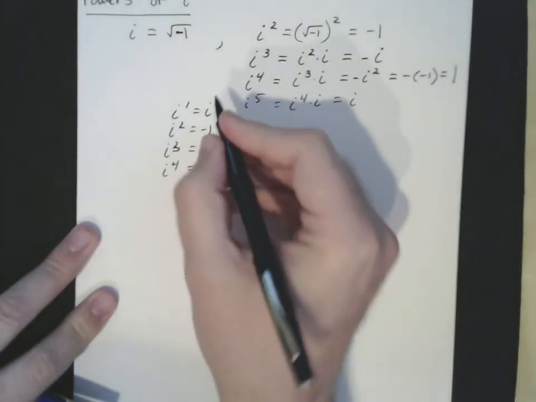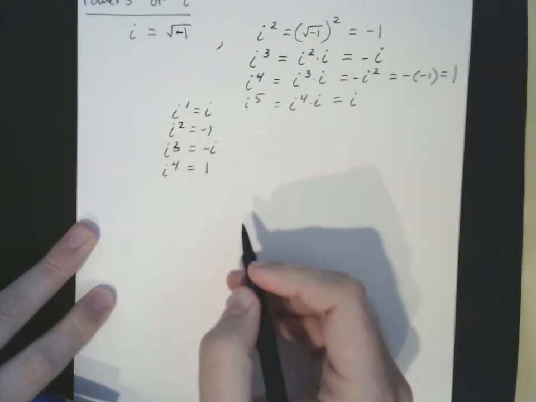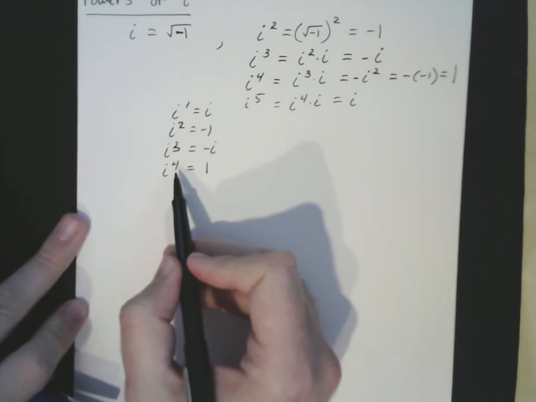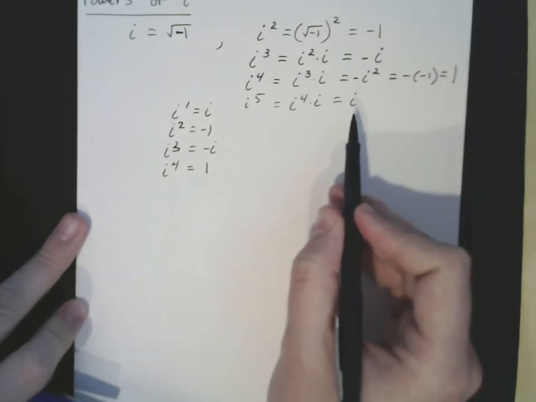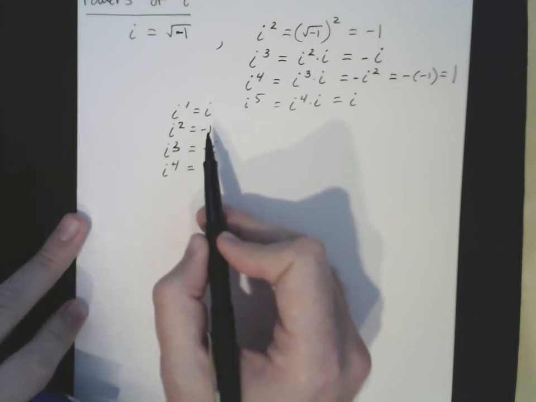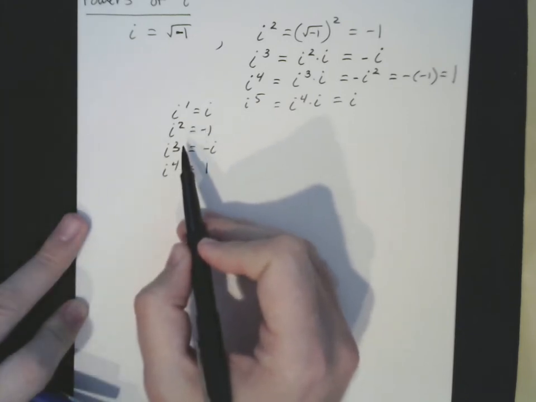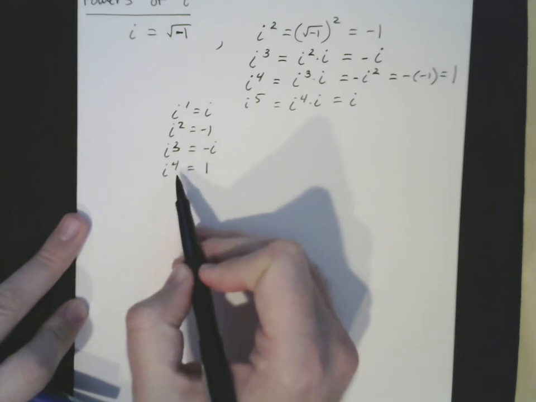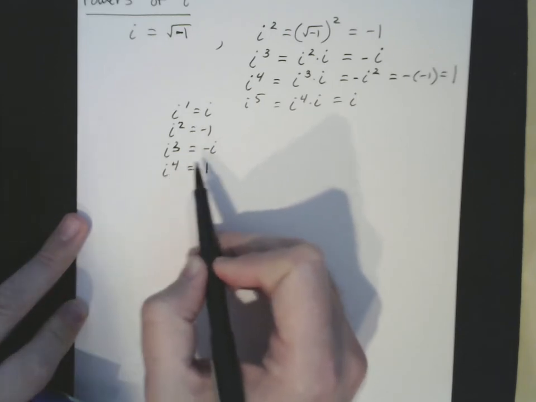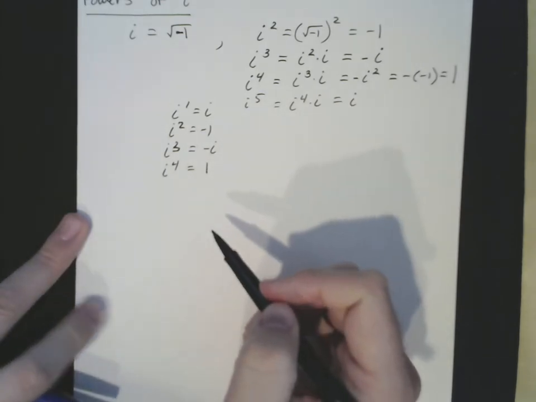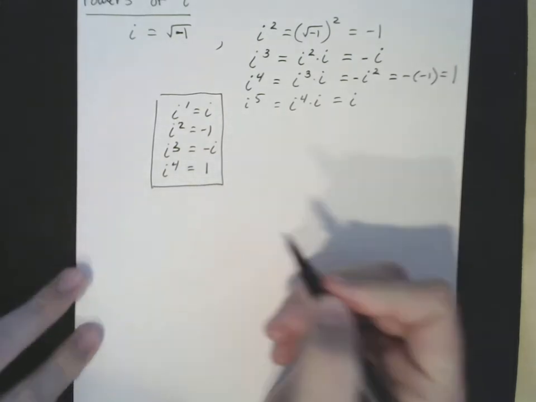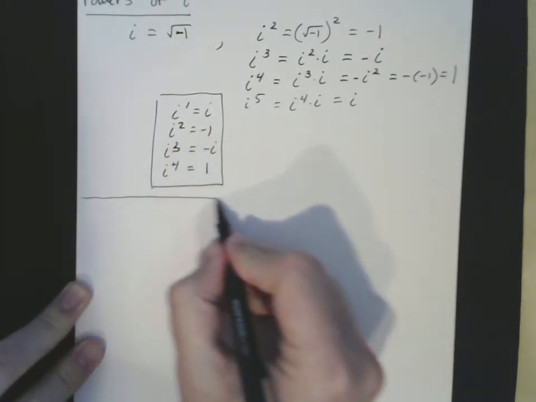So you need to know these 4 powers, and then you just look at how far past the last multiple of 4 we are, because now they're going to start to repeat. So i to the sixth is 2 away from 4, so that means it's going to be -1. i to the eighth is i to the fourth squared, and so that means that's going to be 1 again, and your pattern restarts. So these are the 4 powers of i that we need to know, so we can calculate any power of i.